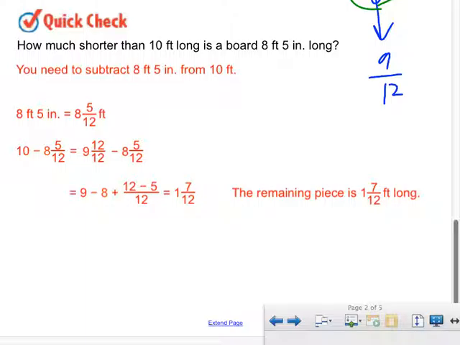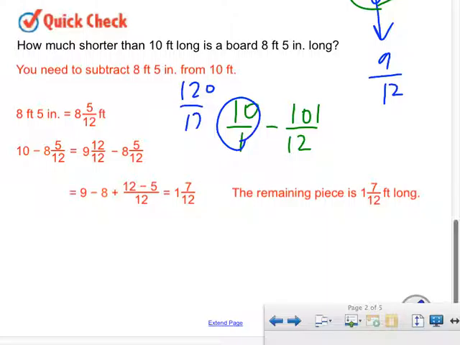I changed the 10 over 1 into 120 over 12. 8 times 12, what is that? That's 80 plus 16, that's 96. 96 plus 5 is 101, right? Over 12. And then this becomes 120 over 12. What's 120 over 12 minus 101? 19 twelfths. And then what's 19 twelfths? That's going to be 1 and what? 1 and 7 twelfths. Same answer.